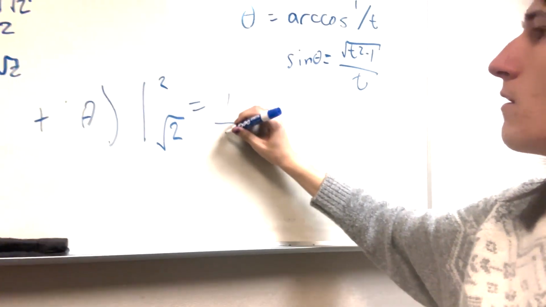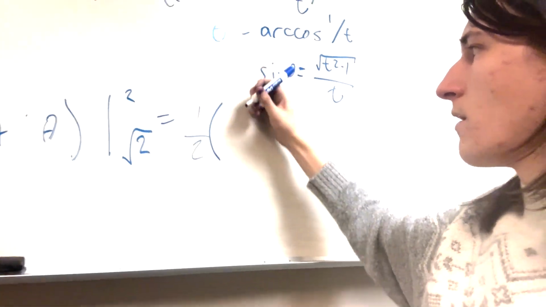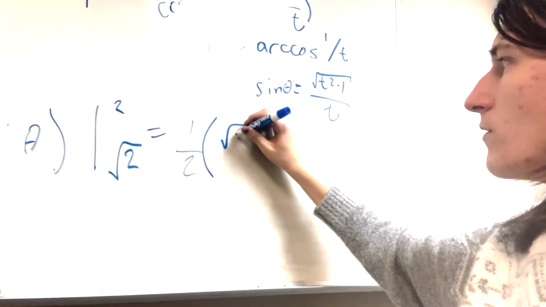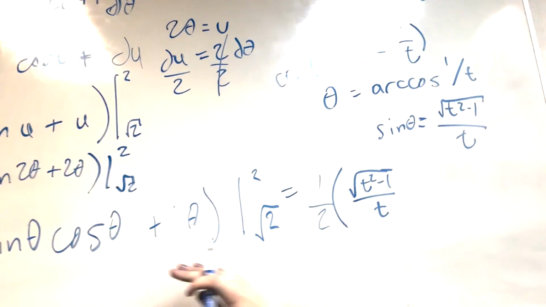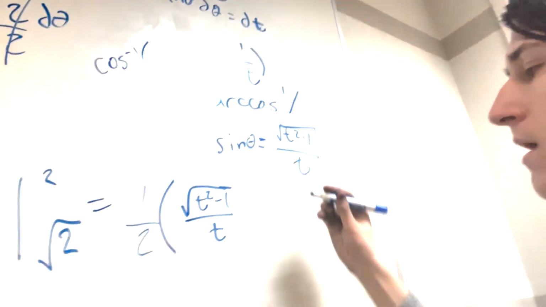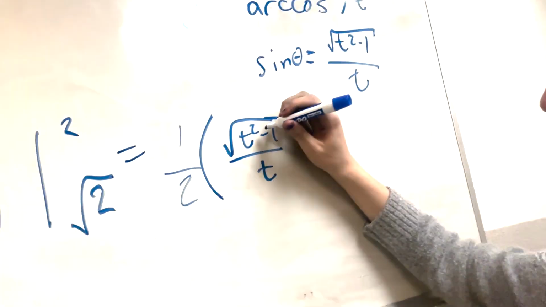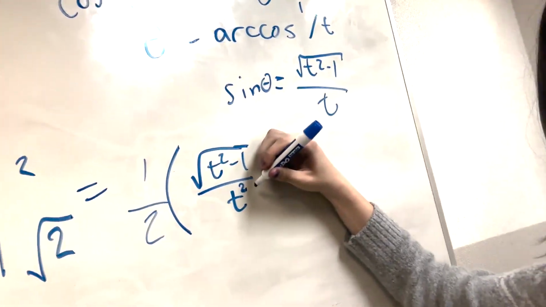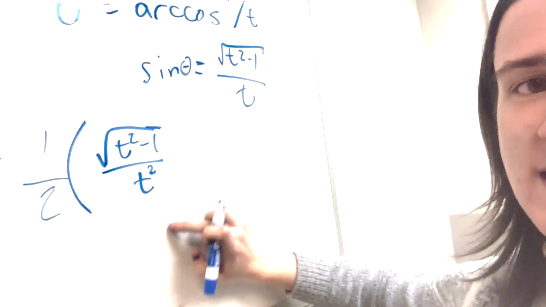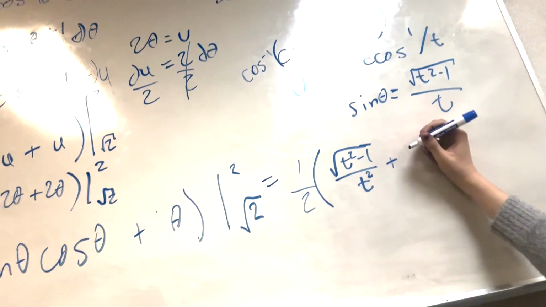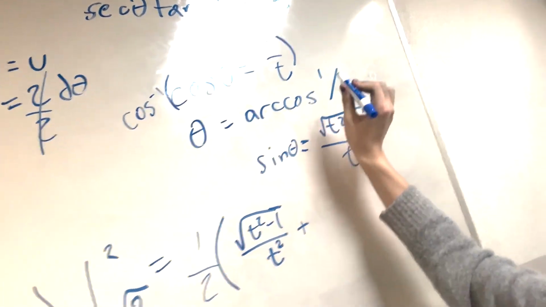So that ends up being equal to 1/2, and then we know sine is the square root of t squared minus 1 over t, times cosine theta, which we know is 1 over t. If we multiply this by 1 over t, this stays the same and we just make this a t squared. This ended up just as this. And then plus theta, we know theta is the arc cosine of 1 over t.